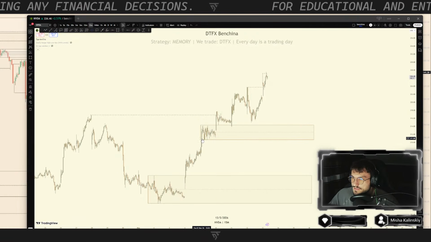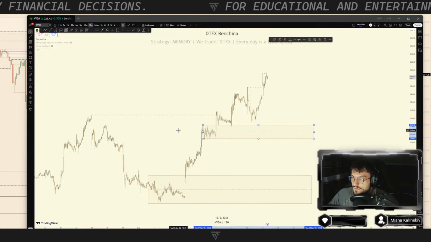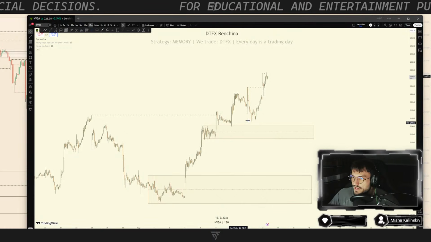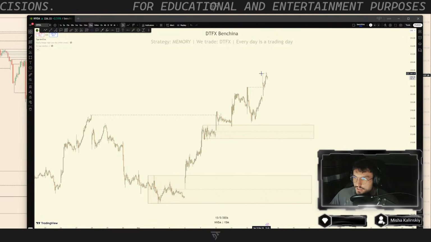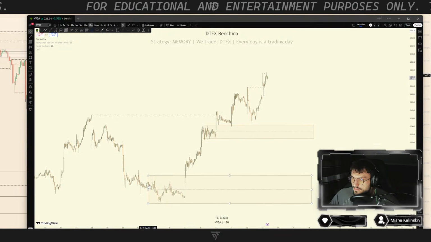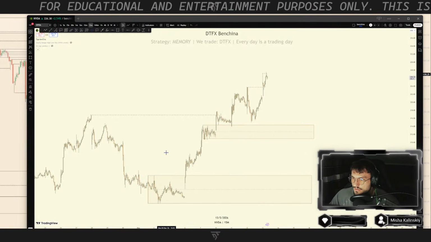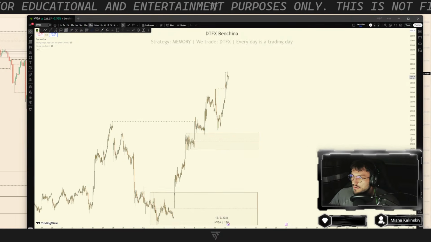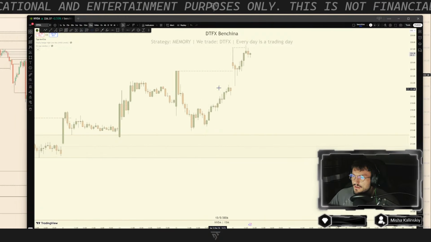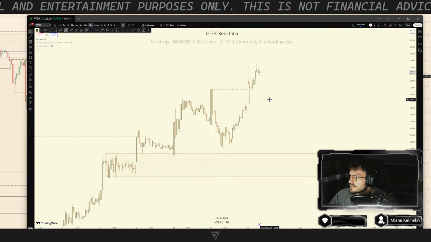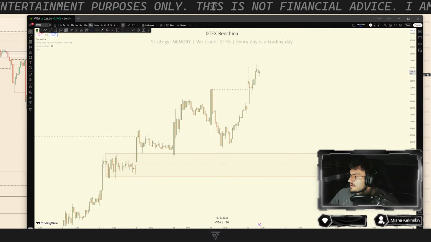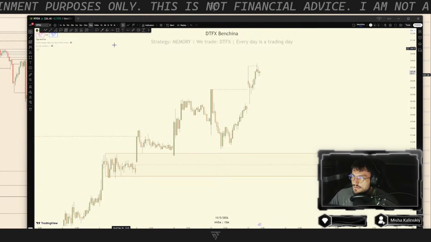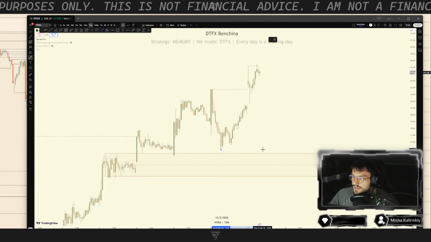Yeah, everything looks good. We have the sweep, of course. This looks good. Nvidia looks good, I'm not gonna lie. Looks really bullish still.